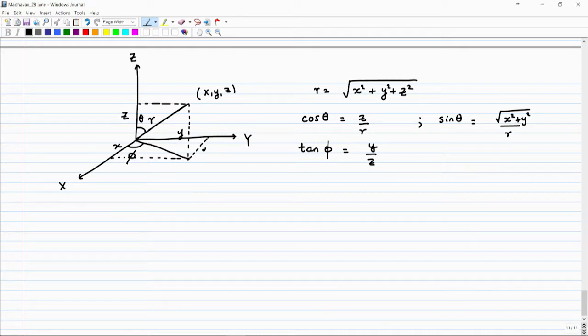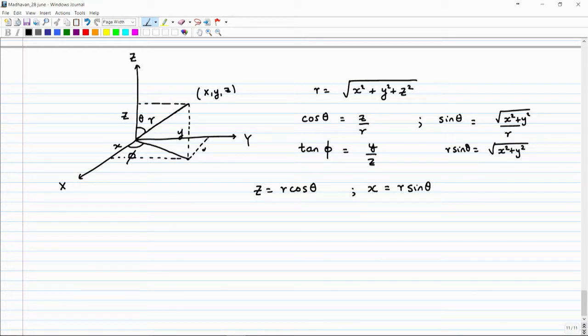So, now with this you can write z equal to r cos theta, and you can write x is equal to r sin theta. So, r sin theta is square root of x square plus y square.